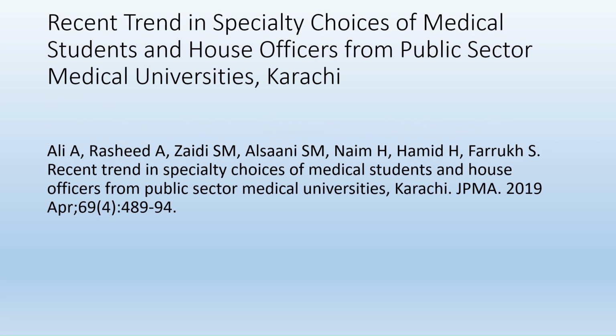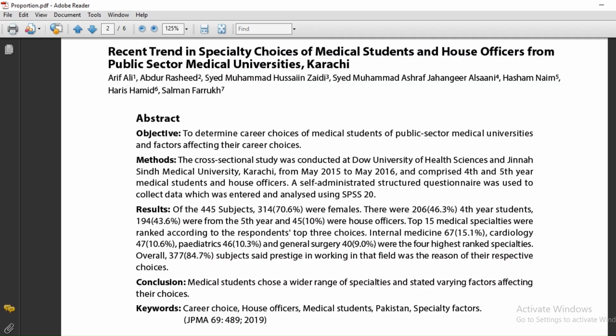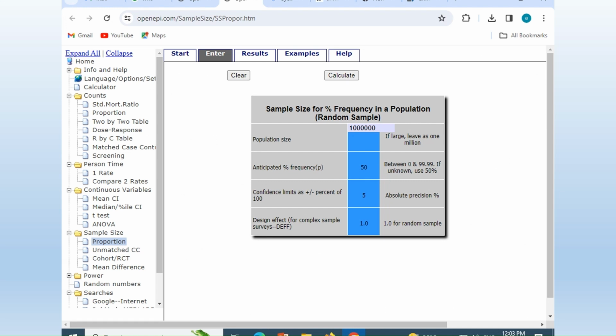For this objective, we consider a reference article, "Recent trend in specialty choice of medical students and house officers from public sector medical university, Karachi." We consider this article for sample size calculation.